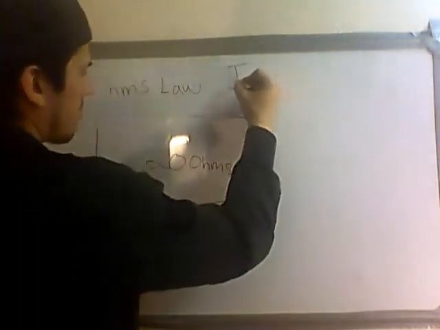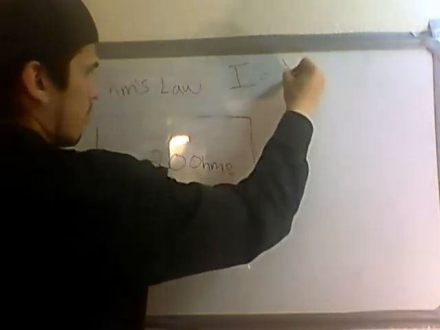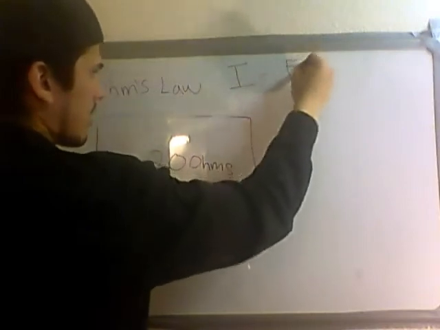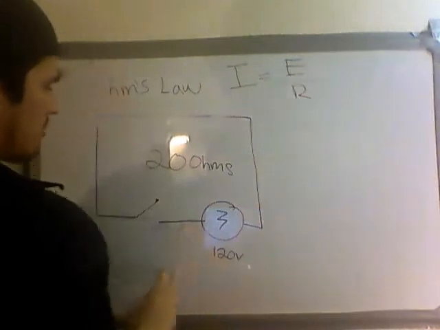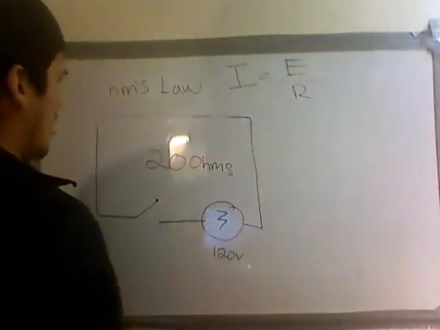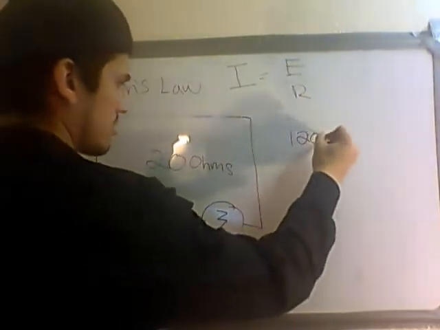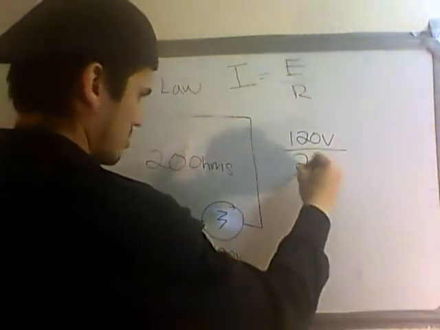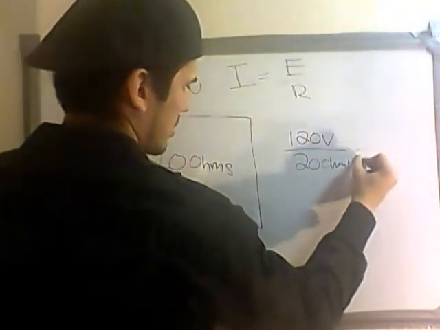So remember, Ohm's law is intensity is equal to voltage, I'm going to use the E, not V, over the resistance. So this can be solved using Ohm's law, and that is, we know the voltage, so we'll say 120 volts divided by the resistance, which is 20 ohms, and by using division we can solve for that.